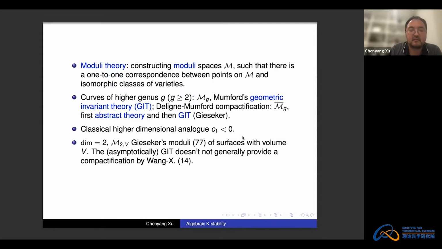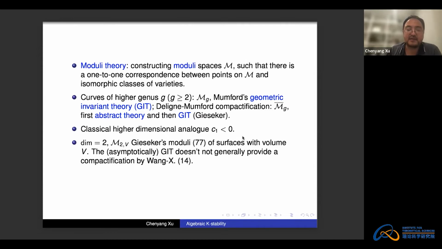Then people asked the same question for higher dimensional varieties for many, many years. People concentrated on generalizing this picture to higher dimensions in the case that c_1 is negative. Later I will explain why people were interested in this case first. When the dimension equals 2, Gieseker also proved that for the smooth ones you can use GIT to construct it.